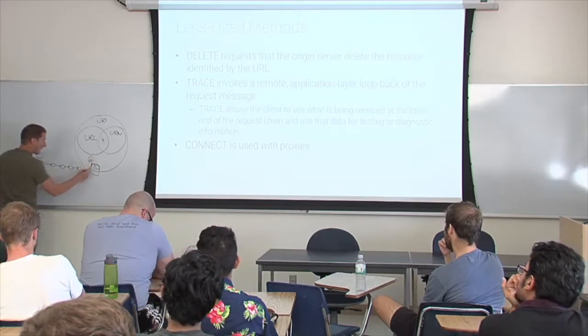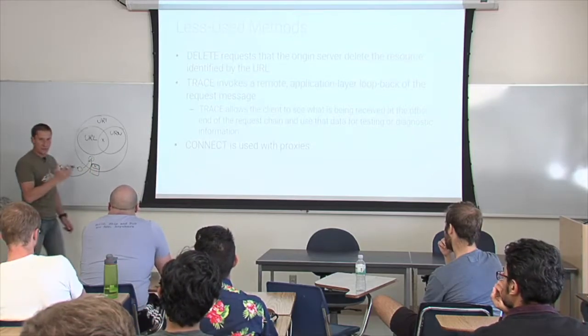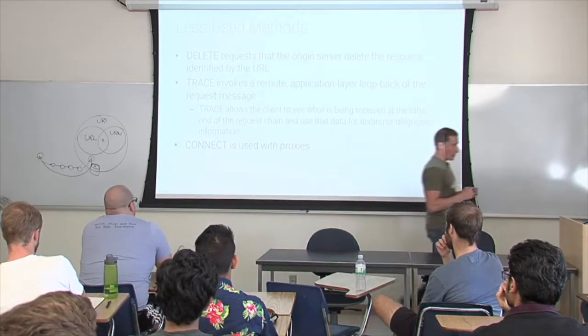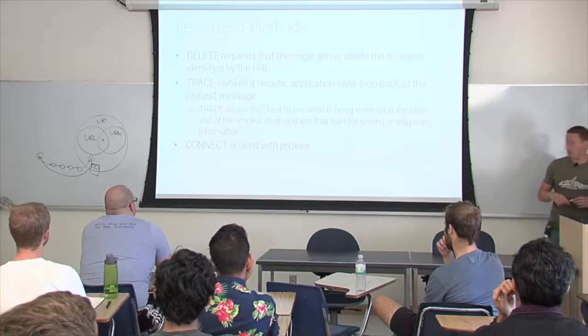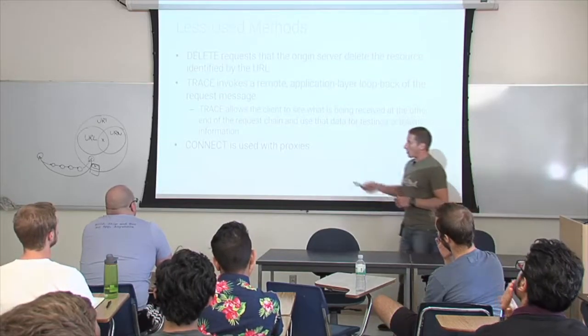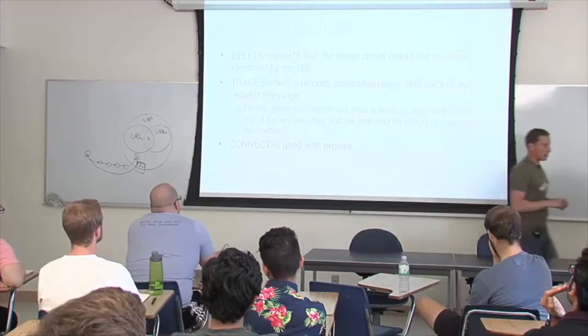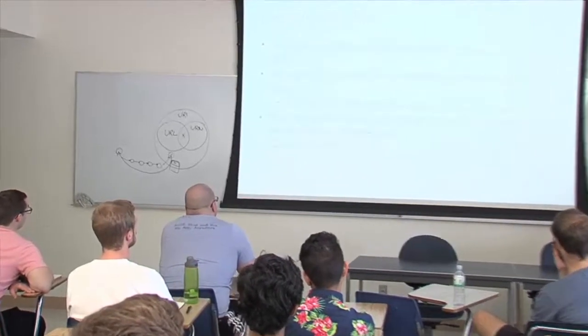So with this, you can say, hey, can you send me back whatever you have seen so far, so you can figure out if somebody is doing something. But of course, this has to be honored by the server. And CONNECT is a method that is used with proxies to connect to proxies.